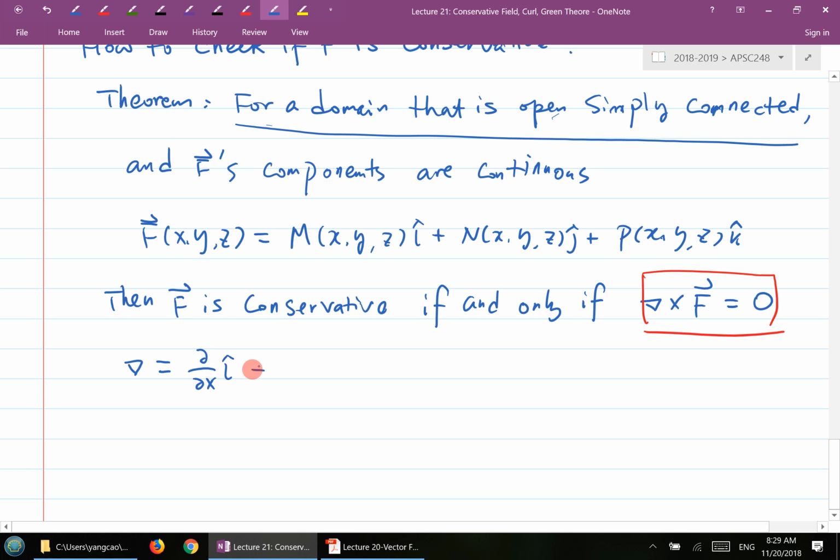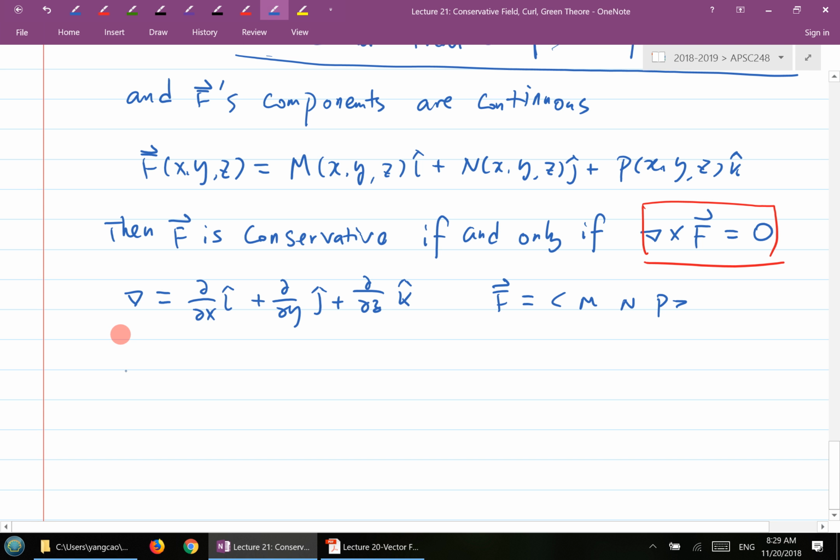It's actually a linear operator, if you recall that. You can consider it as a vector, like a vector derivative operator. And F, of course, is M, N, P. Then you do the cross product between these two things. That's basically what it means.